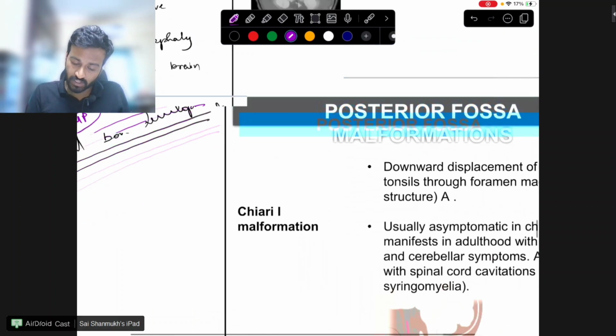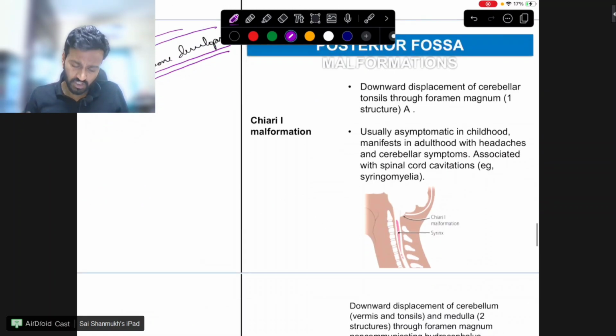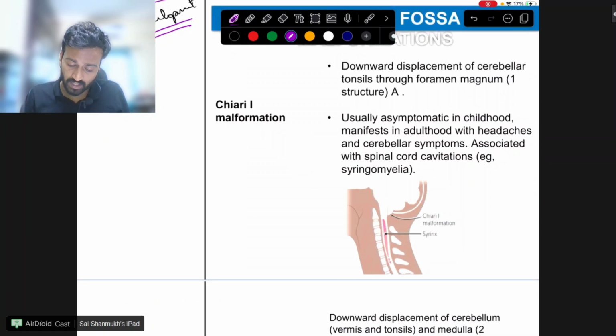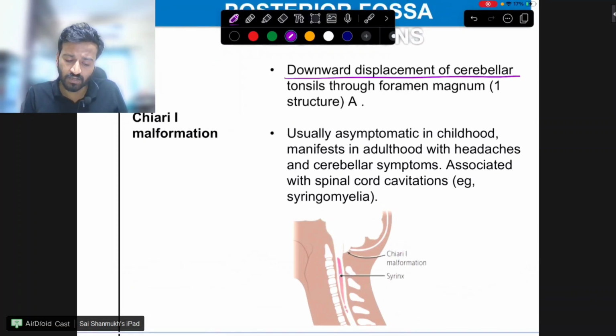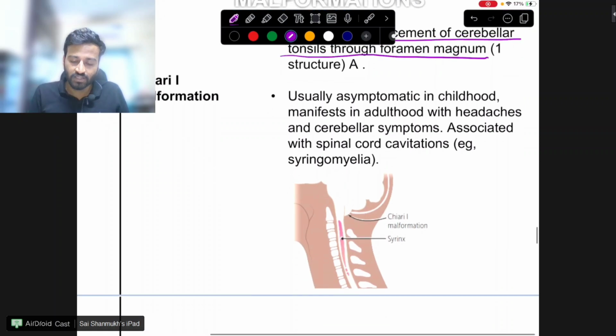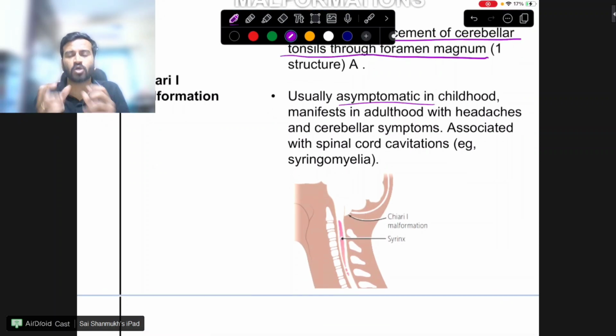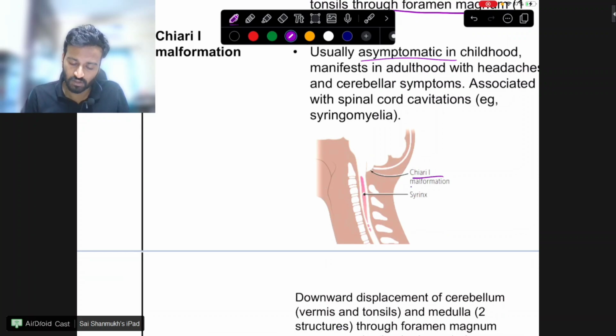Posterior fossa malformations. It is Chiari 1 malformation or Arnold Chiari malformation, as it used to be called. Usually this is the downward displacement of cerebellar tonsils through the foramen magnum. So this is usually asymptomatic because only the tonsils are descended. This is Chiari 1 malformation.